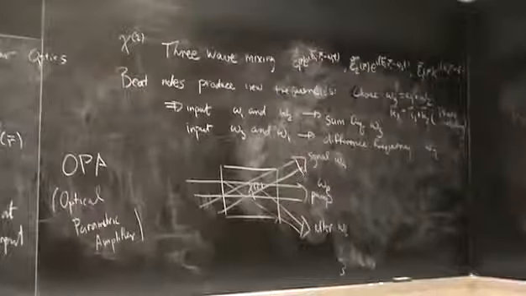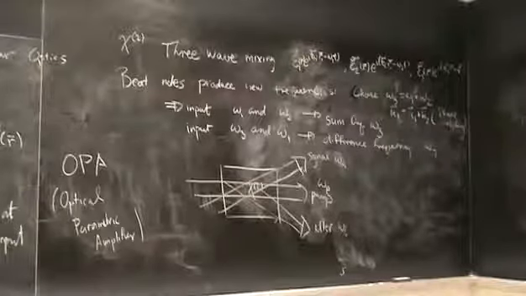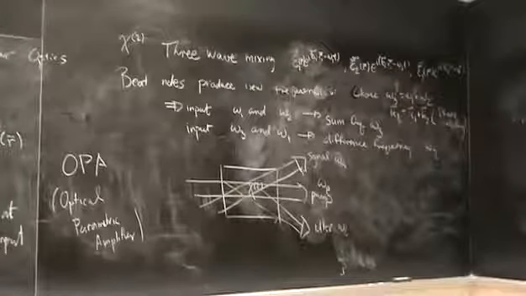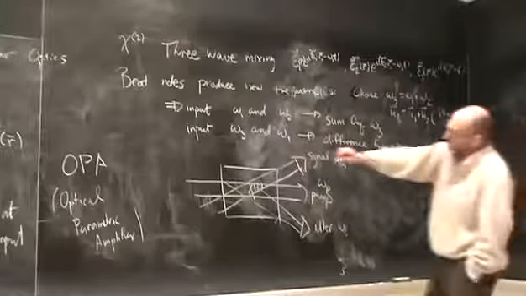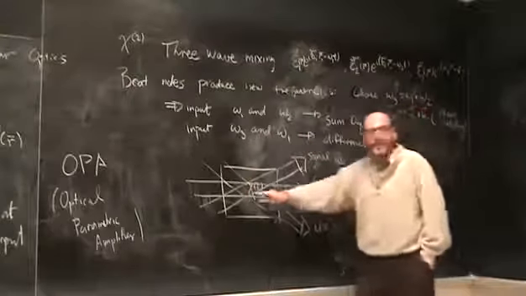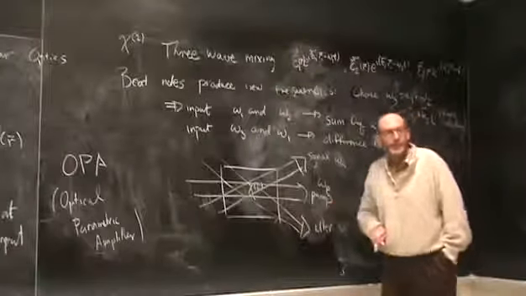Okay? And that is what's called parametric amplification. And the choice whether you get a sum or difference depends on the angle in which you... No, it depends what I input, right? So if I put in both of these, but not this, then I generate the sum. Okay?